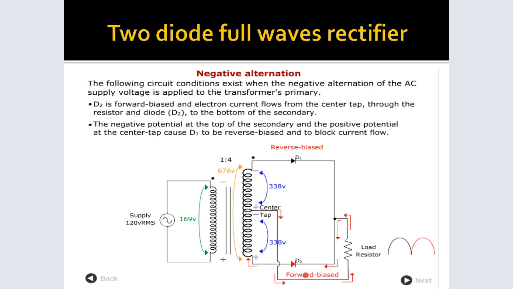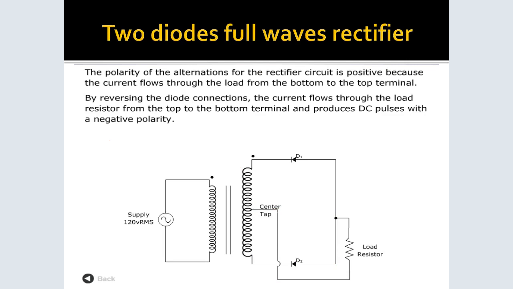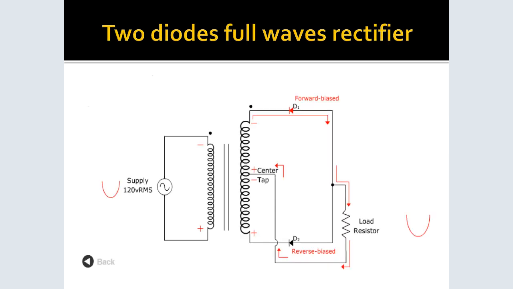Just draw one and show directions: when the positive alternation is going through, which one is conducting, and when the negative alternation is going through, which one is conducting. If you put the waveforms of the output, you realize that it's now a continuous output. I think we've explained that.